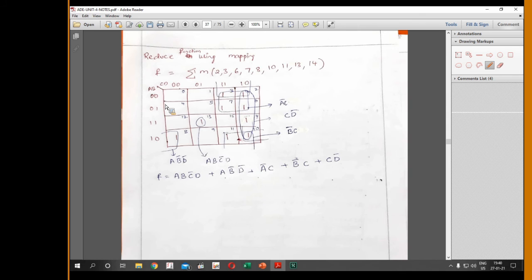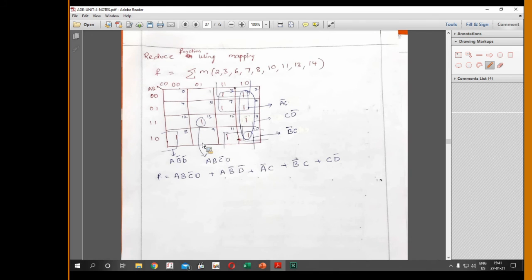If they ask about your mapping, then only you map zeros in those cells which are not represented in the standard SOP function. If the question is given with mapping, then represent sigma m of the literals which are given with functional value 1 on your K-map, and for the literals which are not given, you represent those functional values with a 0.